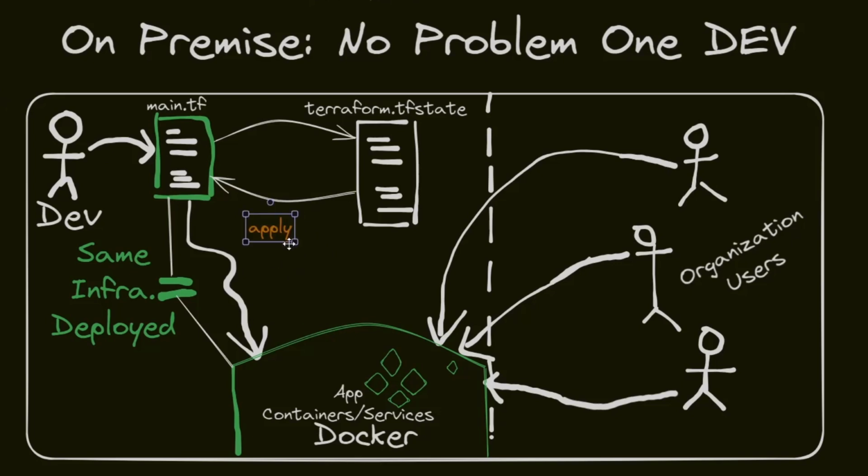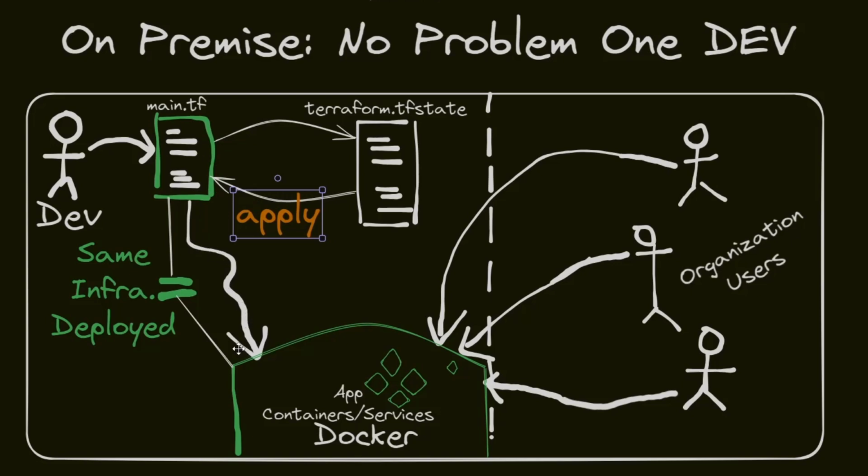Okay. Now we got it. So the developer applied the changes. Because of this, we get a terraform.tfstate file, which is representing the infrastructure state at the moment.